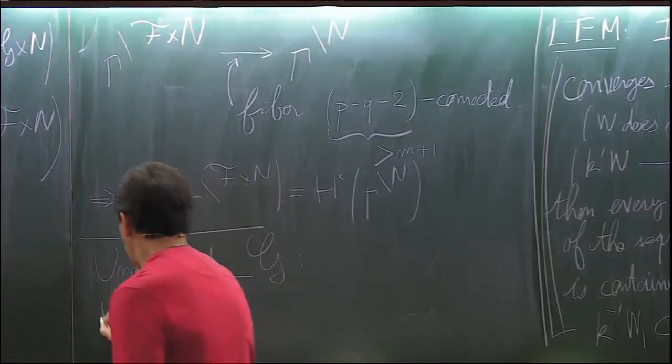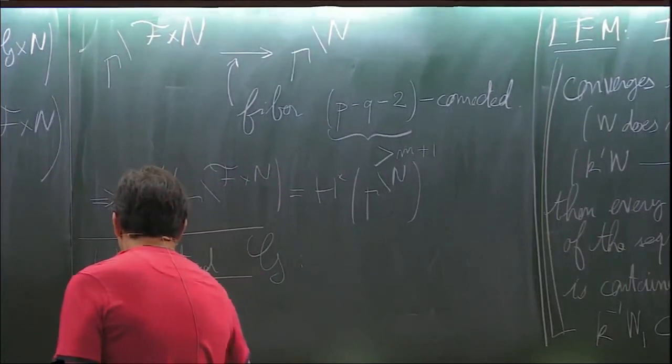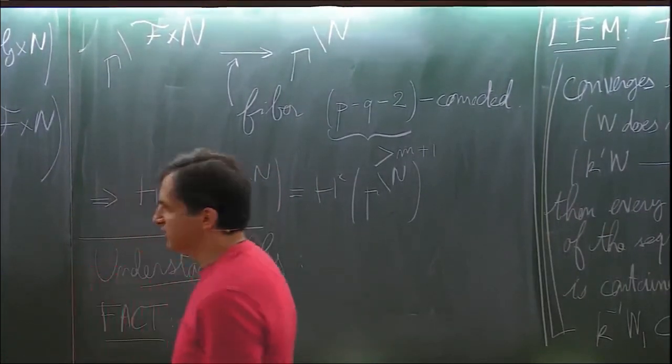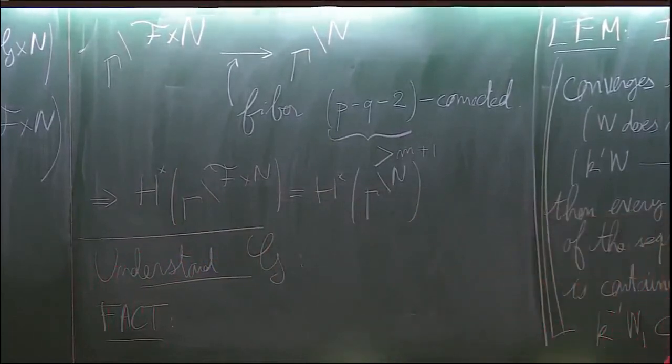And I have a fact that in fact g is a union of things over the boundary of the group, which is the set of things you remove.